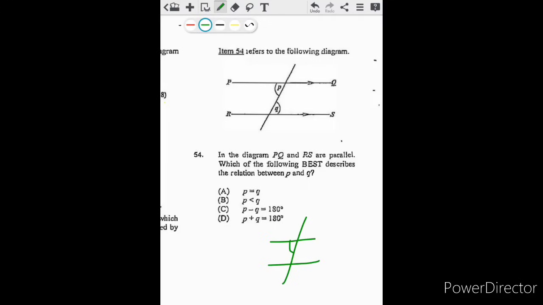And what it means by alternate angle is that the angles P and Q would be equal. It would be the same. So if angle P is 120, then angle Q would be 120. Therefore, our answer is no other than A, which is P is equal to Q.